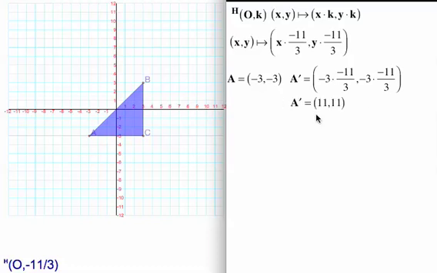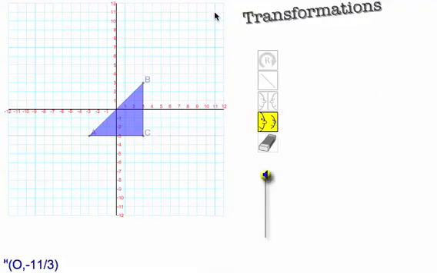Okay, let me just plot that. So 11, 11, plot away. So 11, 11, like that. And then we're going to do the other points.